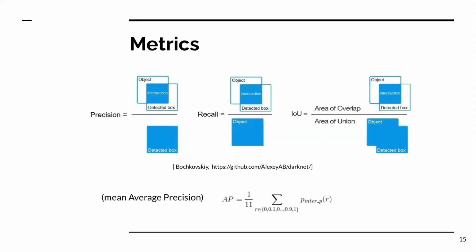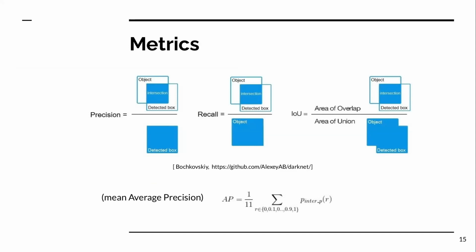As for metrics to use with YOLO, we have different metrics. One is precision. For precision, we try to measure how accurate your prediction is.